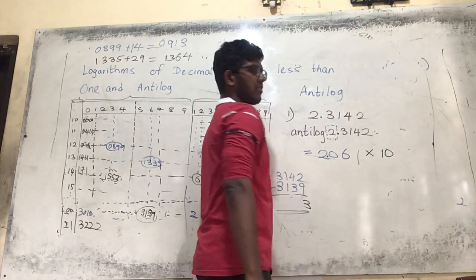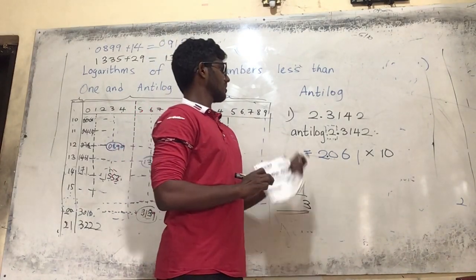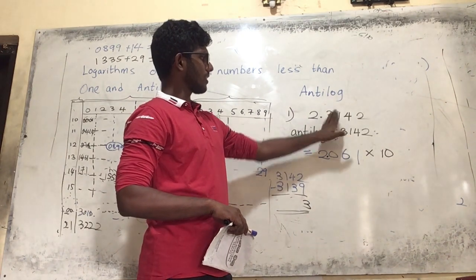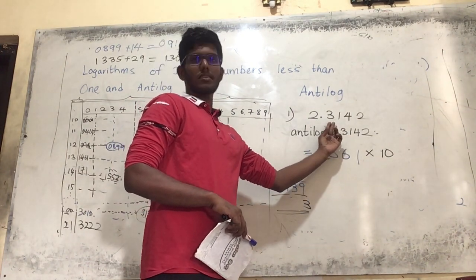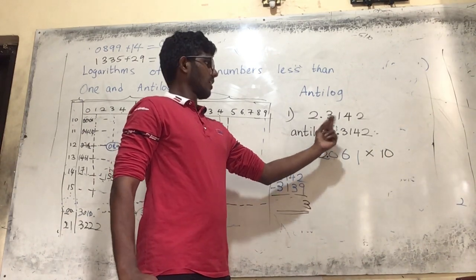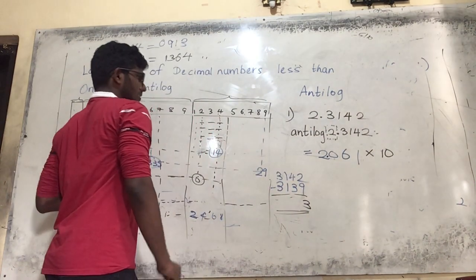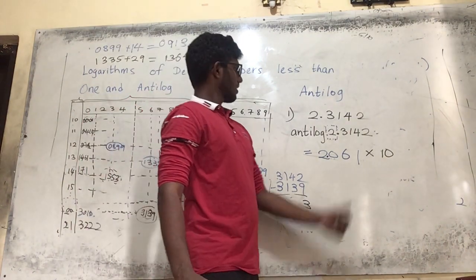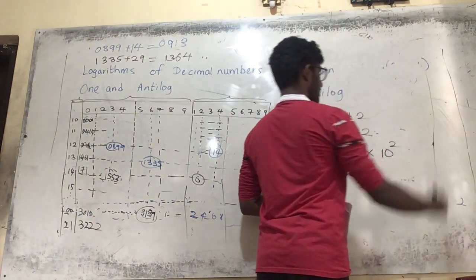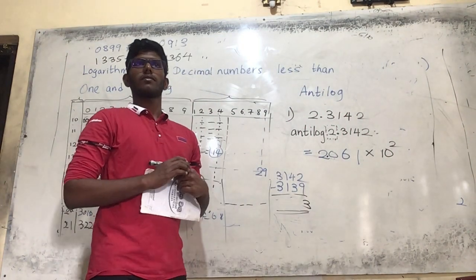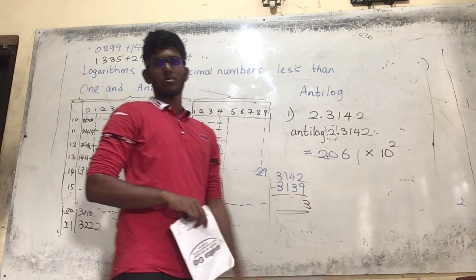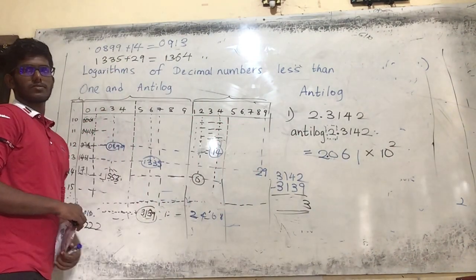And now, can you remember in the beginning of the task, I said don't even look at the number before the decimal point, right? Once you've done all of this, now it's time to look at it. Whatever the number here, write it on as a power. If the number is 2, write 10 to the power 2. So this is how you get the antilog.